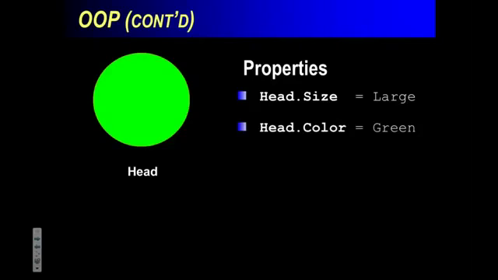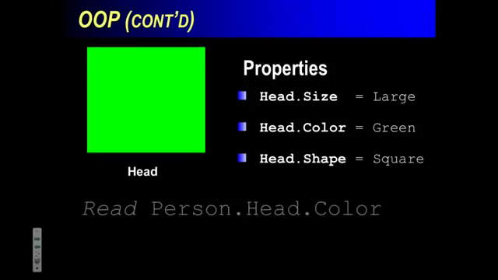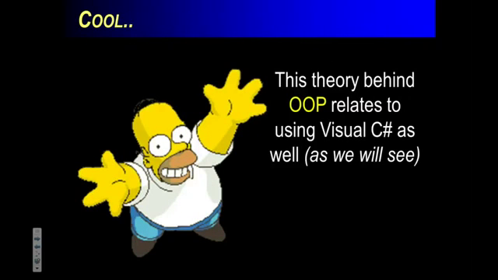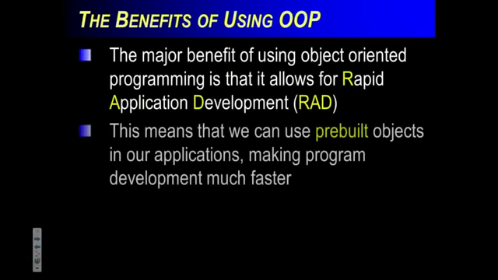So this is a simple version of code that's giving the computer a specific instruction. Head.shape, square, and it changes. Okay? And if I just said, hey, what is person.head.color, it should give me back the information I'm looking for. A very simple concept. Okay? And you're going to see how it applies to the code you write. Computers can do that? So this is the theory. A simple theory again. And we'll see how that relates to this.